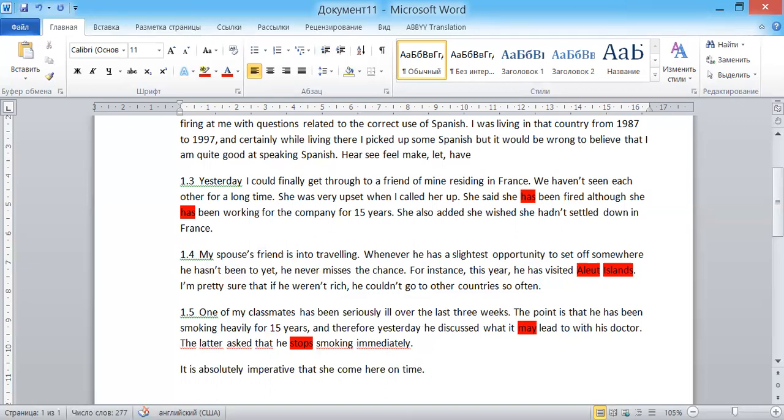You see, as a typical subjunctive mood construction, we can paraphrase it saying, "Oh, it's very important for her to come here on time." It's okay, but it is a bit simplified. A higher version is this one. It is absolutely important, or it's absolutely imperative that she come here on time.